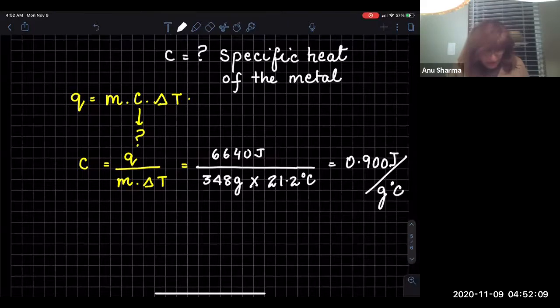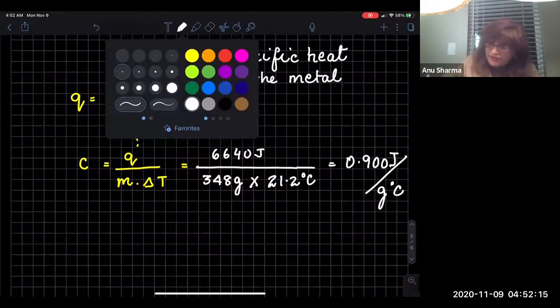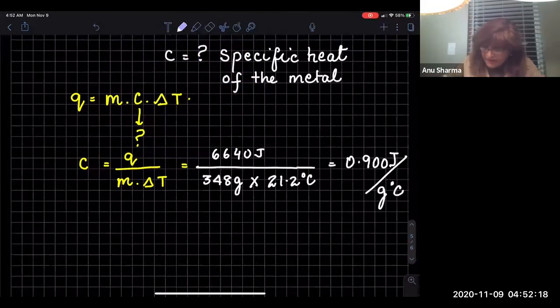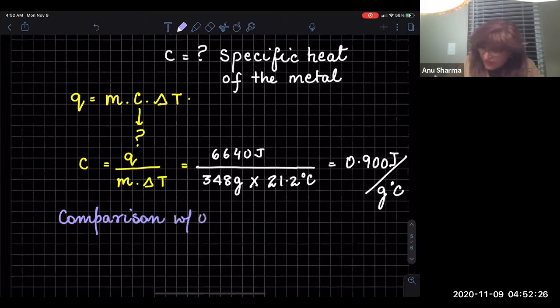Now the question can be asked, what is this particular substance? What is the identity of the substance? Here, very important, you will compare it with the given tables that have the specific heat capacity, so comparison with other substances given in the table or sample.